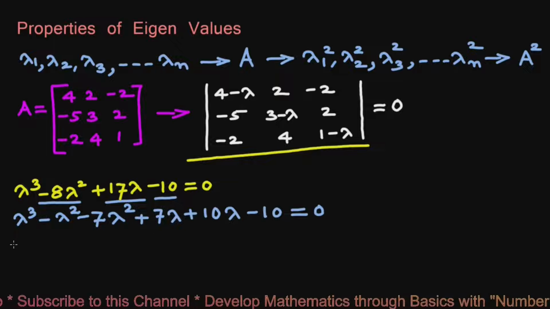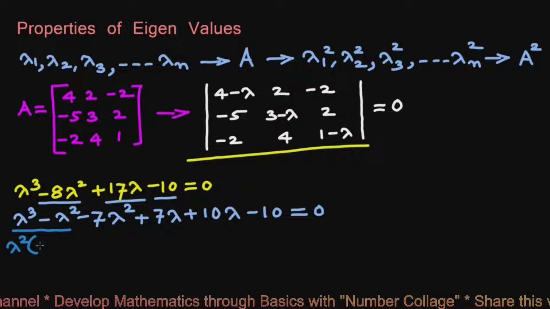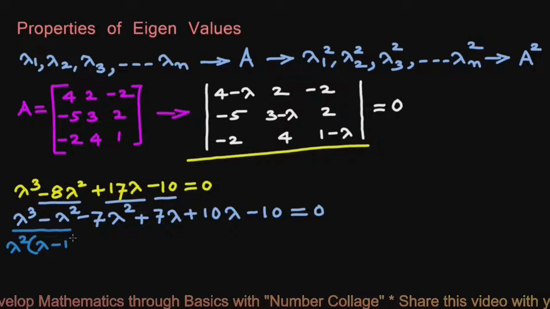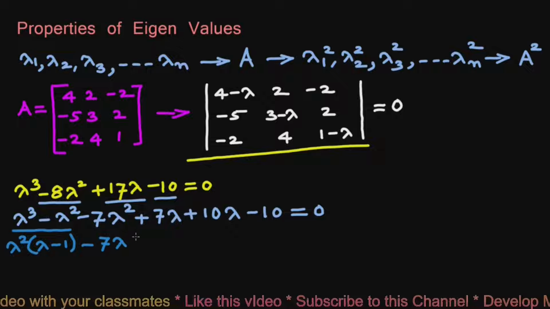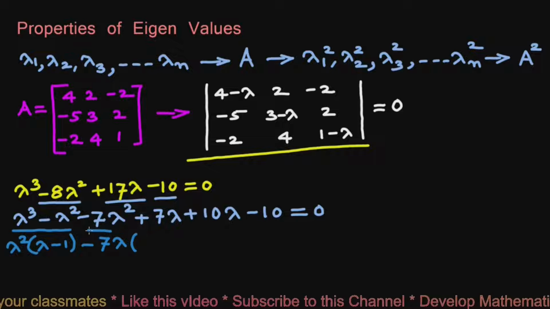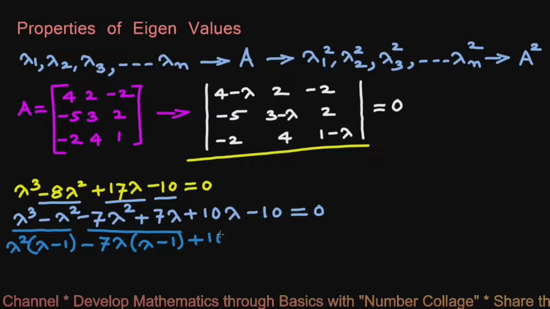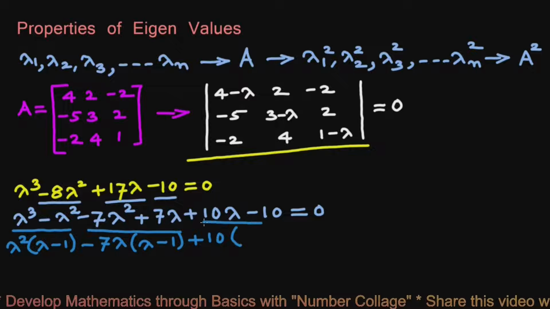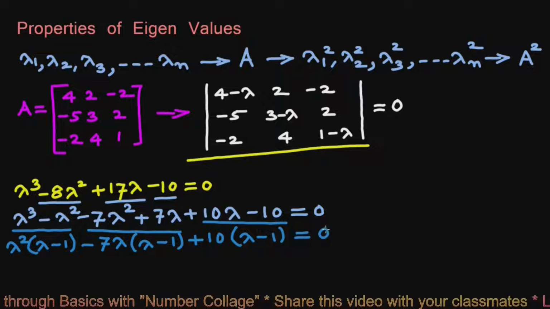Next, we will take lambda square common from these first two terms and write lambda minus 1. Next, we will write 7 lambda as the common factor from these two terms and write lambda minus 1, plus we write 10 as the common factor from these two terms and write lambda minus 1 equals 0.